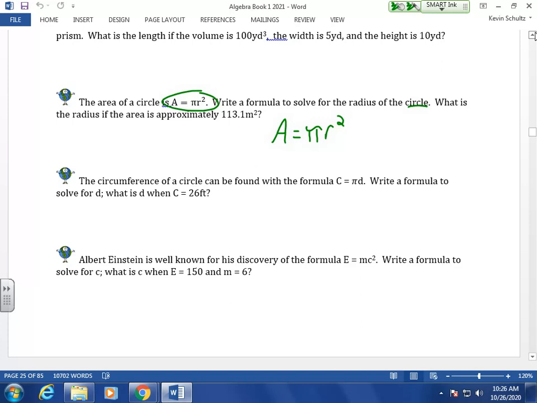So our first step is to look at what we are doing to r. We're multiplying r by pi, and we're squaring it, right? We're actually squaring r first, following the order of operations, and then multiplying that value by pi. So to undo that and get r by itself, what are we going to need to do here?